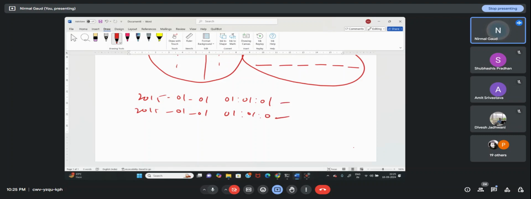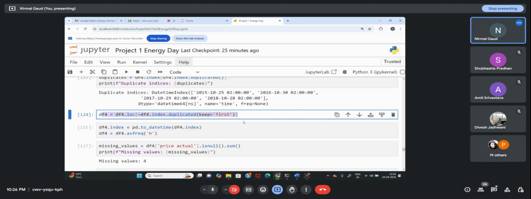So I said remove the duplicate and keep only the first entry. See in the code what I mentioned: keep first and remove the bottom one, which is a duplicate of the first.